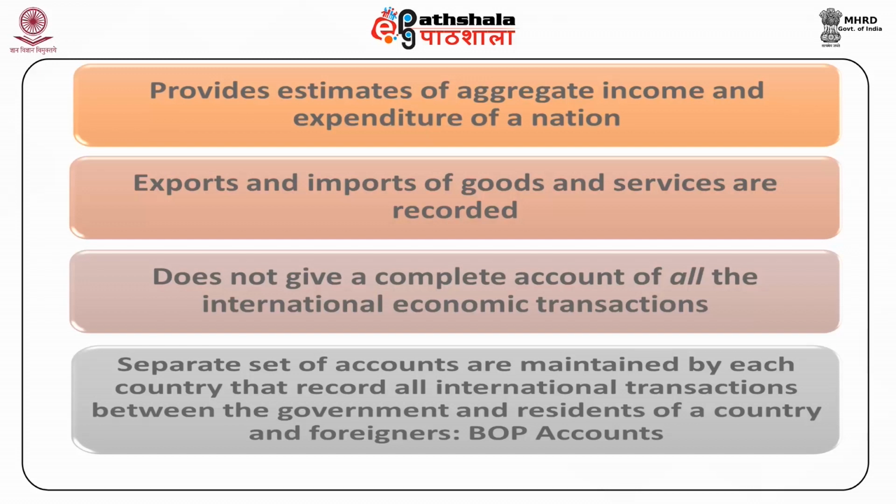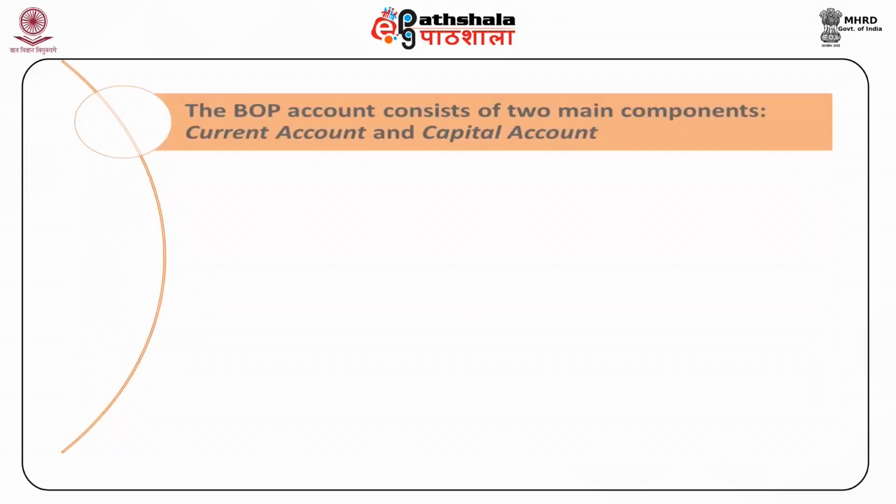A clear understanding of balance of payments accounts is very important, as the progress of each nation is increasingly becoming dependent on how much it is integrated with the rest of the world. The balance of payments account consists of two main components, current account and capital account.